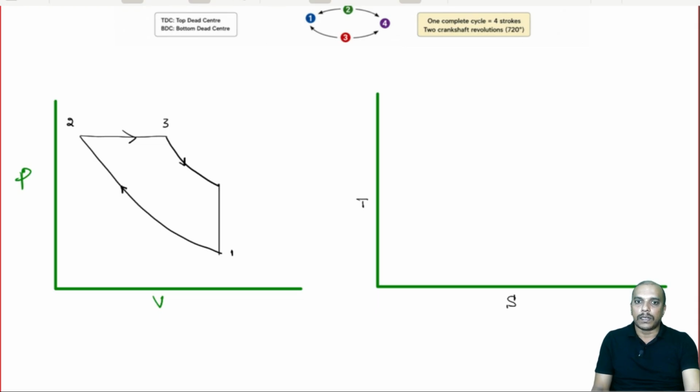So, this will be our cycle. So, 1 to 2 is PV to the power gamma equal to constant, 2 to 3 is pressure equal to constant, 3 to 4 again reversible adiabatic expansion, then 4 to 1 is constant volume heat rejection. Now, let me write this as our heat supplied, this constant volume heat rejection, alright.